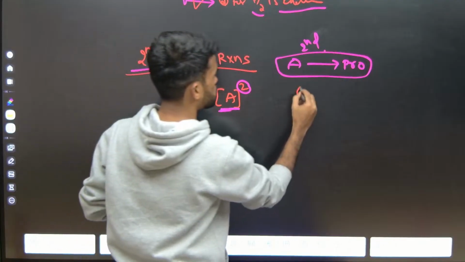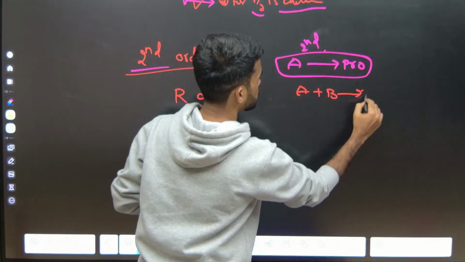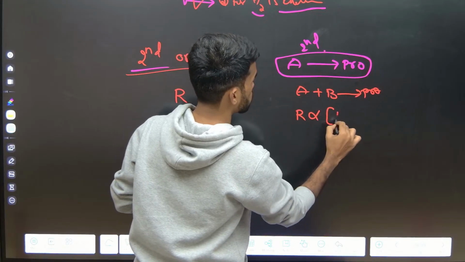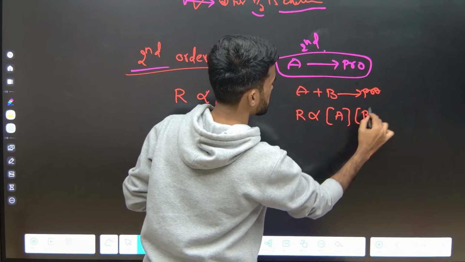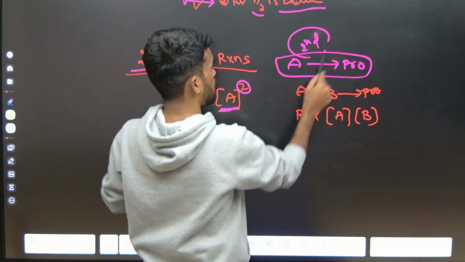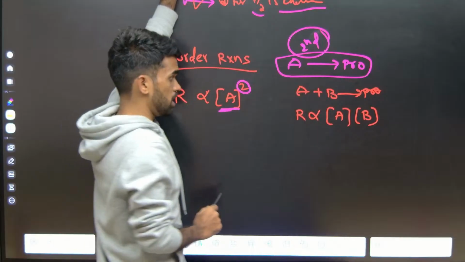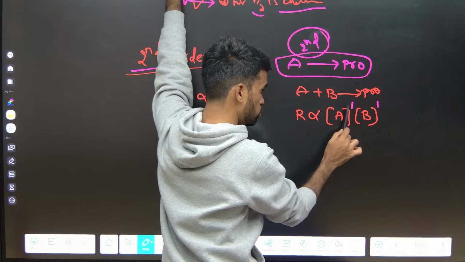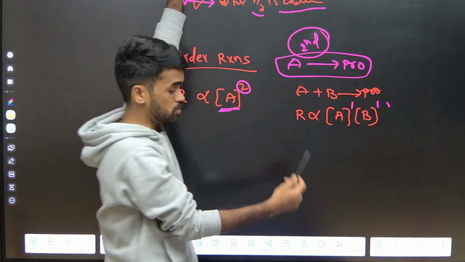If it is A plus B, then you can take it in this way also. Rate is directly proportional to concentration of A and concentration of B. The total order of this reaction is 2, second order. So it means you can place 1 and 1 here, or put directly 2 here and 0 here, which is also possible.